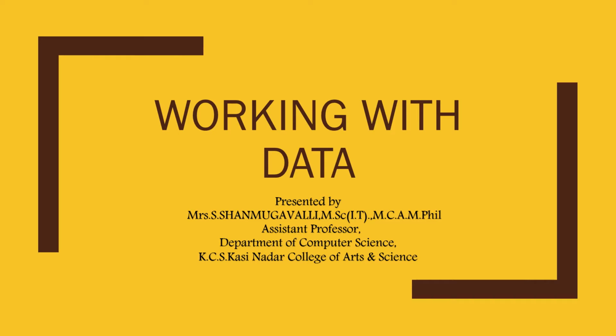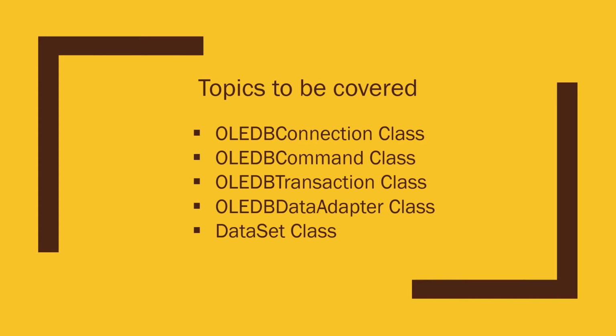Today in this video we are going to see about working with data in ASP.NET. In working with data, we look at connecting to a database through the OLEDB connection class. Once the connection is made, data in the database will be manipulated through the OLEDB command class.